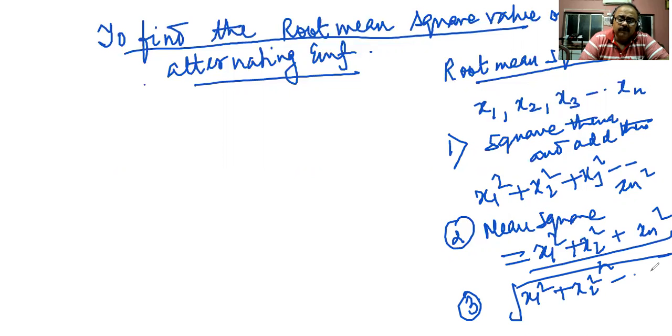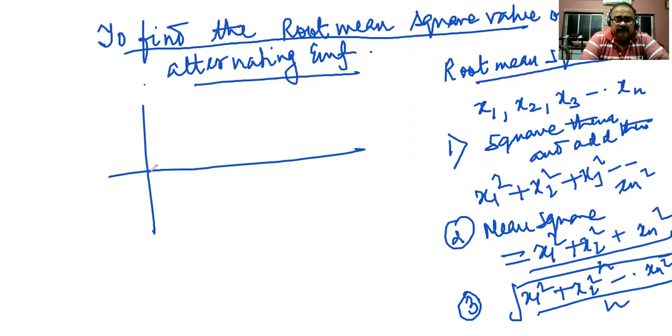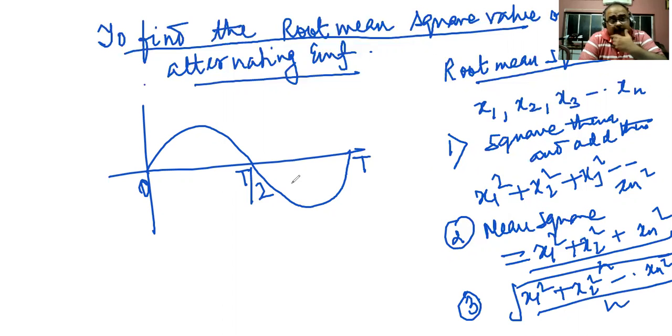Why is this RMS value very effective in this particular scenario of varying EMF? Because you have seen that in the alternating EMF, once it is plus and the other is minus. And when we tried to find out the average value over the complete cycle, the average value came out to be 0.